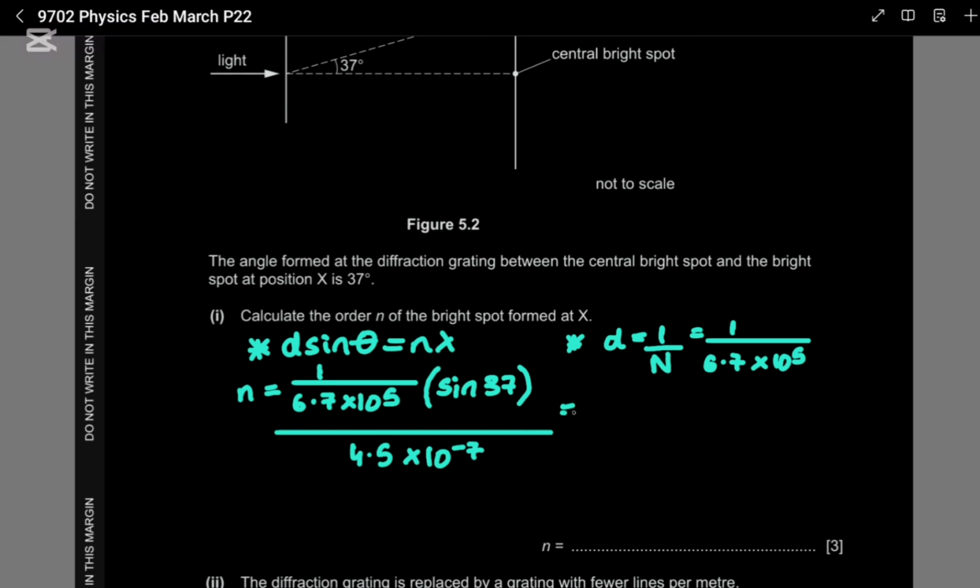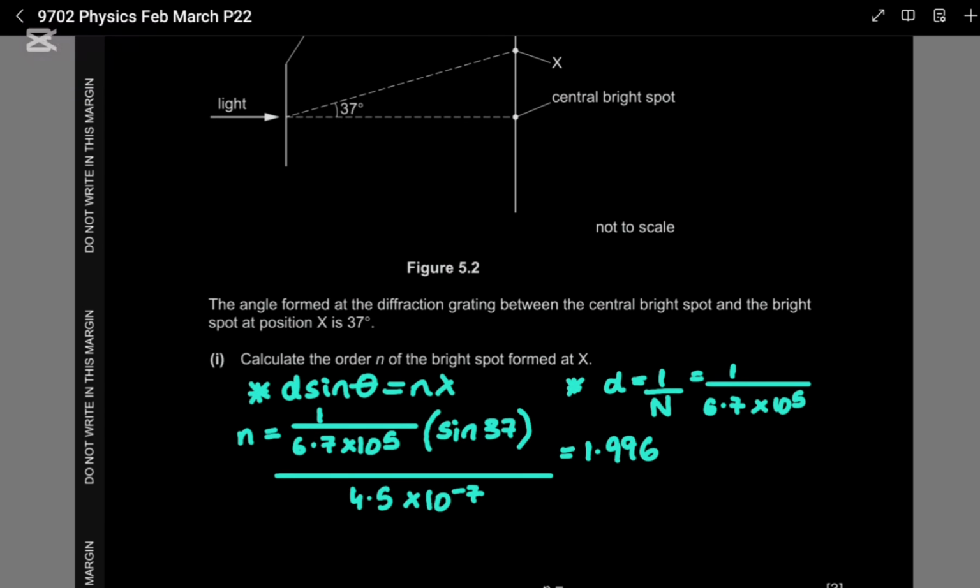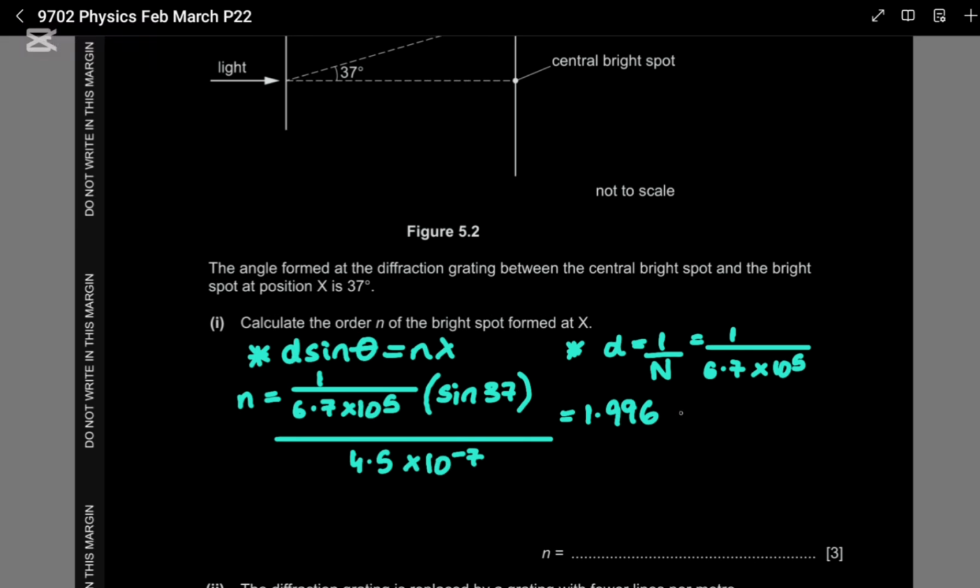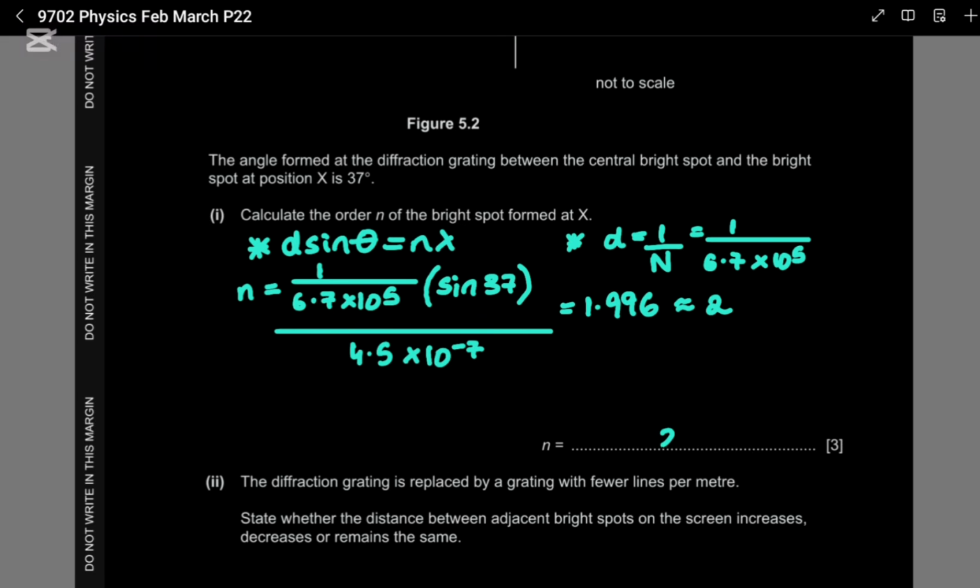So I get an answer of 1.996. Okay, but n is always a whole number. So we have to round it, so it's really close. It's approximately 2, so n is equal to 2.